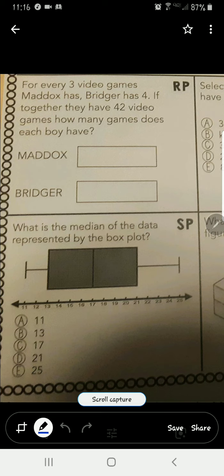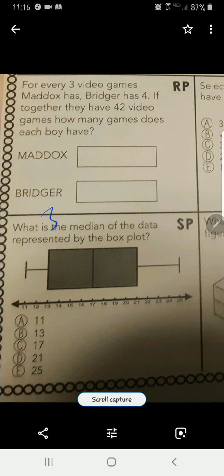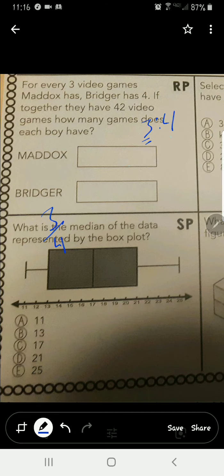Let's start off here. For every 3 video games Maddox has, Bridger has 4. So we know about ratios, right? So 3/4. Every 3 Maddox has, Bridger has 4. Why they calculated this, I have no idea. But yeah.